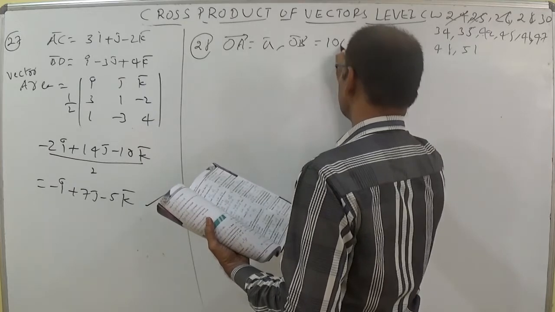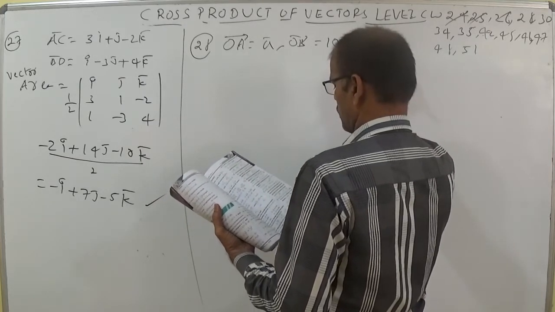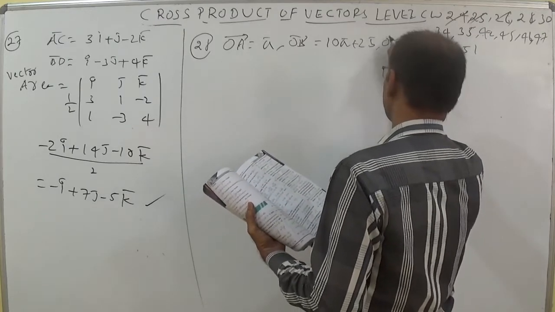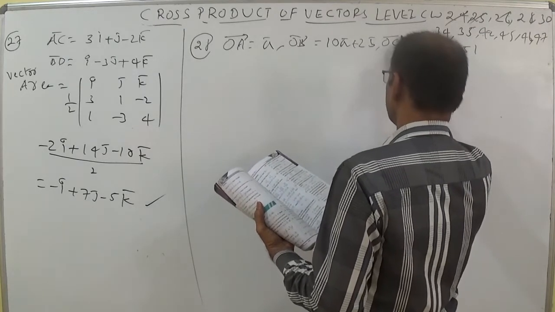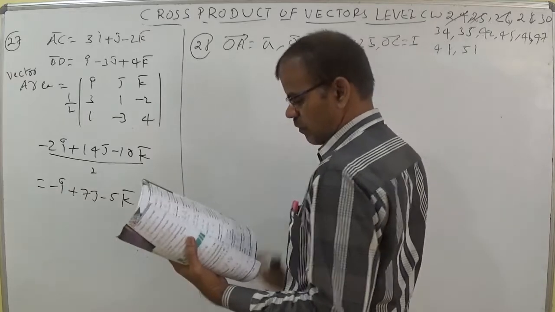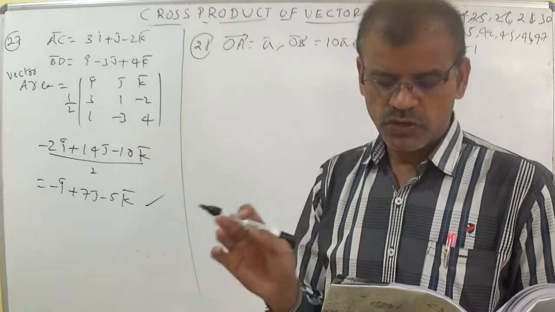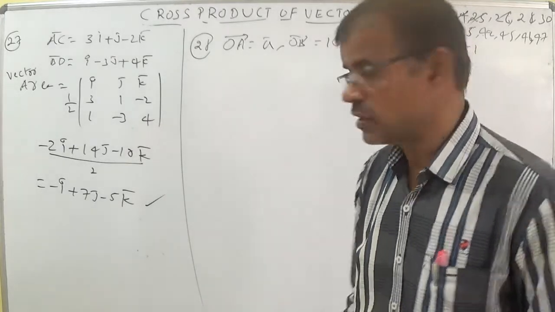OB is equal to 10a bar plus 2b bar, and OC is given simply as b bar. Where A and C are non-collinear points, let P denote the area of quadrilateral OABC.